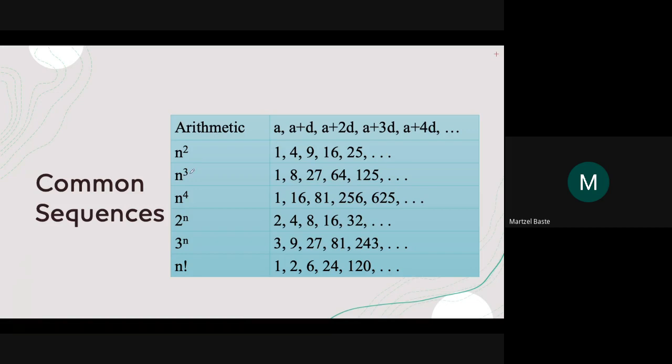So pag quadratic siya. Pag n raised to the power of 3, so ano lang yan guys. Until bisan pag n to 5, n raised to the power of 6, 7, and so on and so forth. The same with the 2 raised to the power of n, where the constant value is this value, and this is your number series.